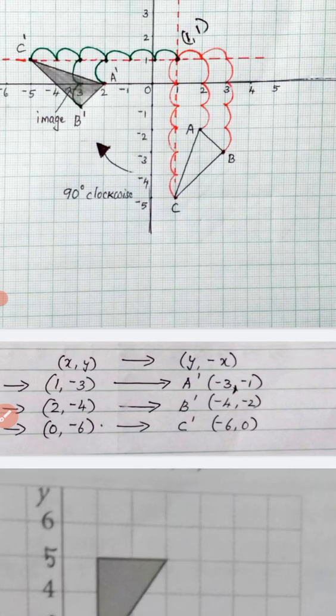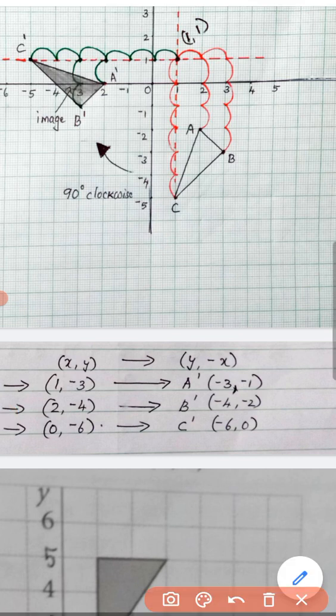Children, now we are going to rotate the given triangle clockwise around the point (1, 1). This is the center of rotation. So first we have to plot the given points.